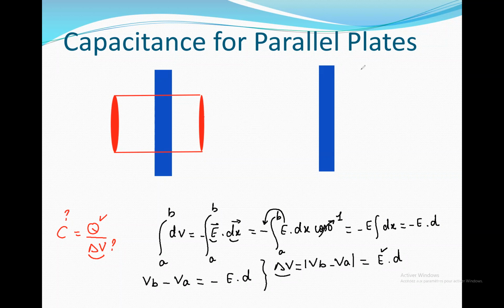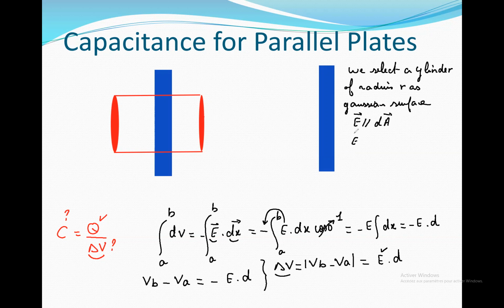First of all, we select a cylinder of radius r as the Gaussian surface. You have to say E must be parallel to dA.